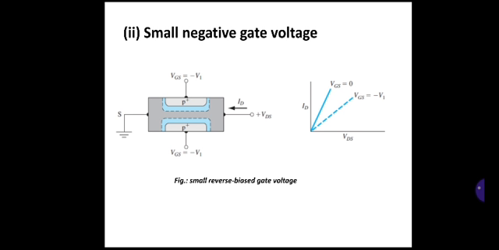Second one, small negative gate voltage. Similar to the previous one, the source is again grounded and the drain has a small positive voltage, whereas for the gate VGS, if you apply a small negative gate voltage, what happens? Here the figure shows the small reverse biased gate voltage, because as you are applying a negative voltage to the gate terminal, it is a reverse biased gate voltage.